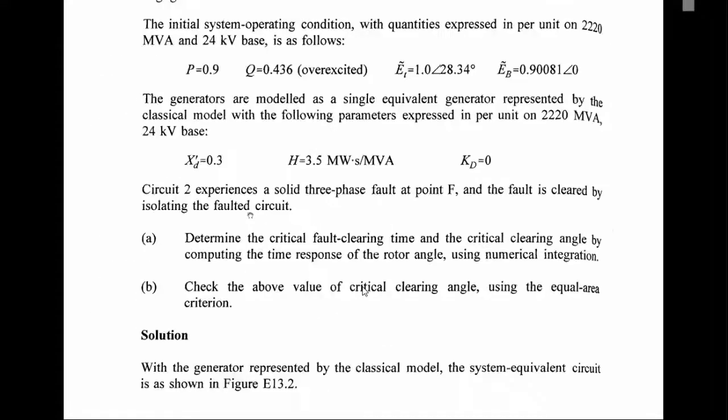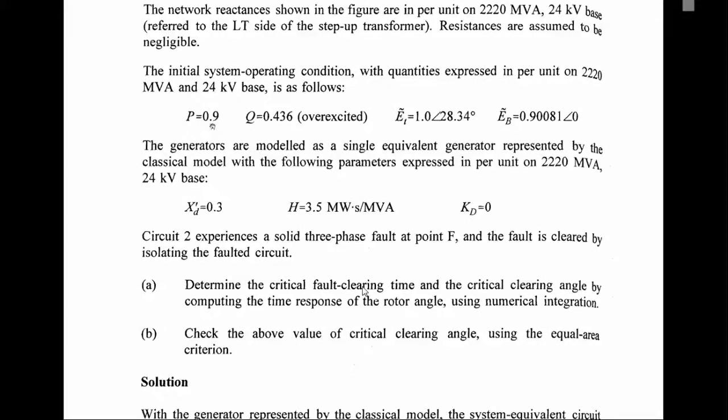The information given here: PM is 0.9, that means mechanical power is 0.9 per unit. Then you also have H, which is 3.5.